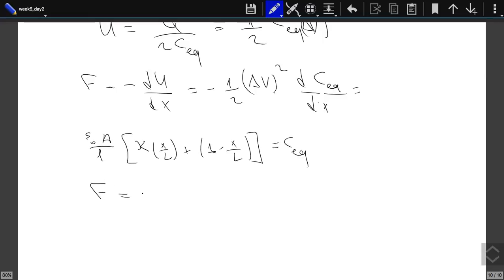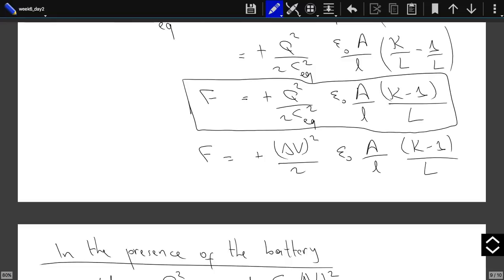So F is minus 1 over 2 delta V squared times the derivative of epsilon 0 A over L, kappa minus 1 over L. This is the F. There's a minus sign: delta V squared over 2, epsilon 0 A over L, kappa minus 1 over L. In the other case there's a plus sign: delta V squared over 2, epsilon 0 A over L, kappa minus 1 over L.